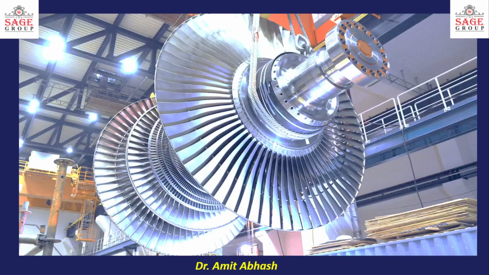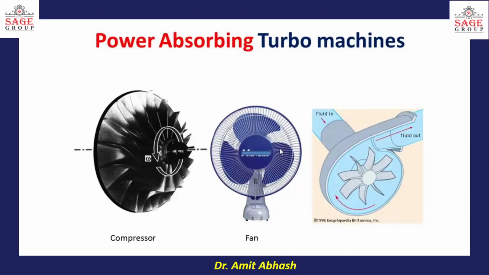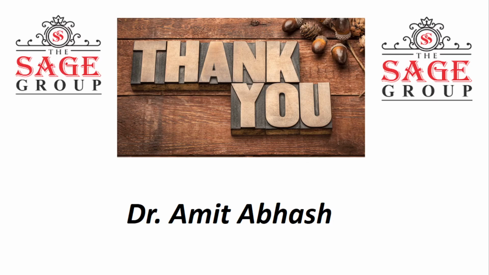So this is the basic difference: water power or fluid power will be converted into electrical energy in a turbine, and here the electrical energy will be converted into fluid motion. These are the basic differences I told you. A few more things are there, but we'll cover them in the next video.